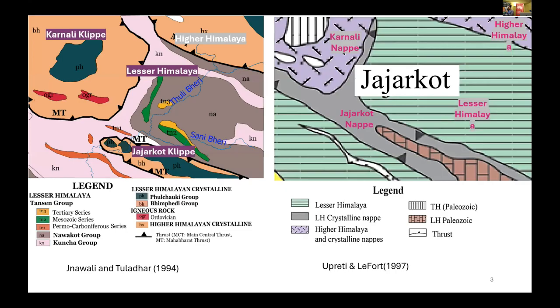While reviewing the regional geological map of Nepal, we could find a key difference here. In the right-hand map prepared by Upreti and Le Fort, there is a direct connection between two thrust sheets. However, in the left-hand map, it shows the existence of an autochthonous unit, that is Lesser Himalaya, between two thrust sheets.